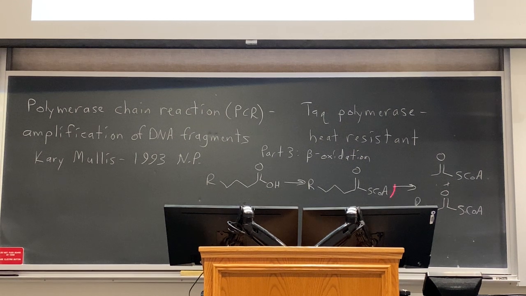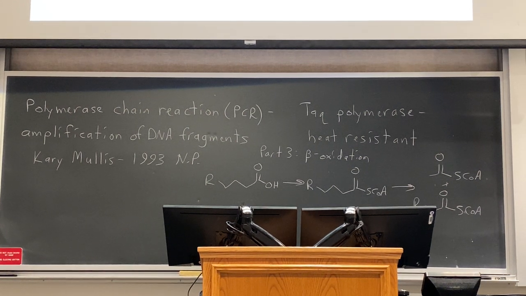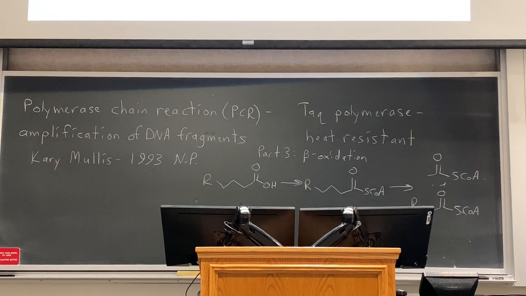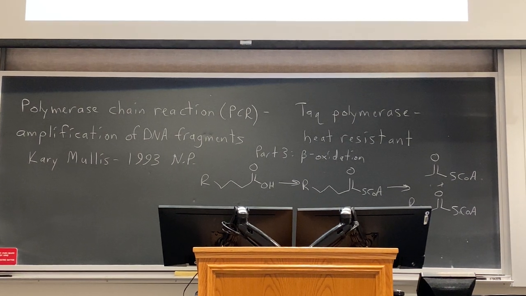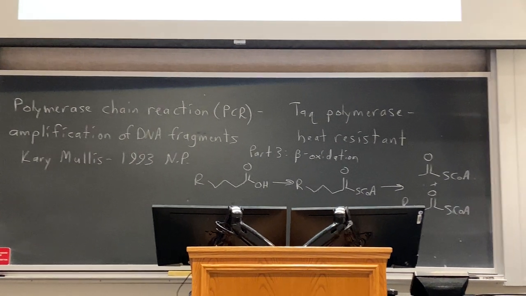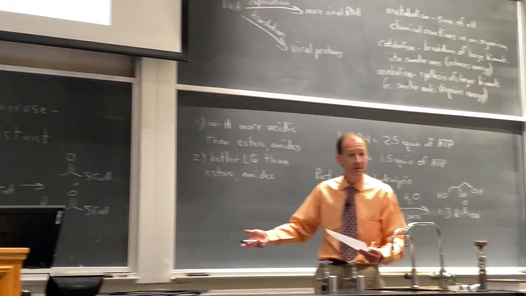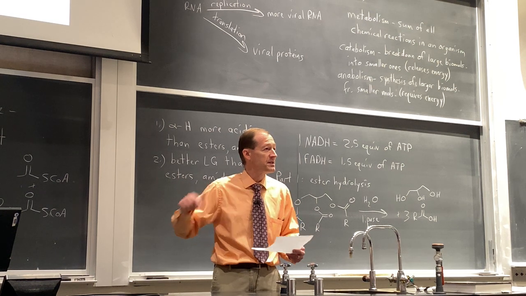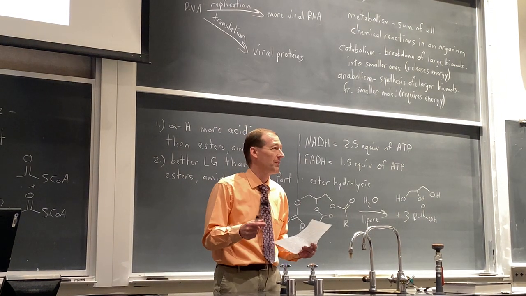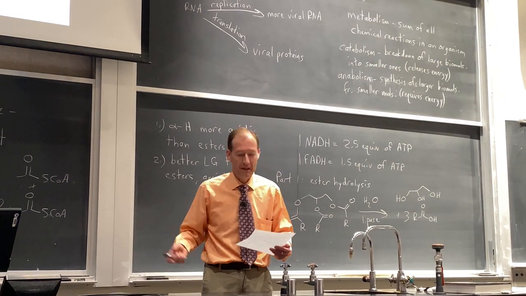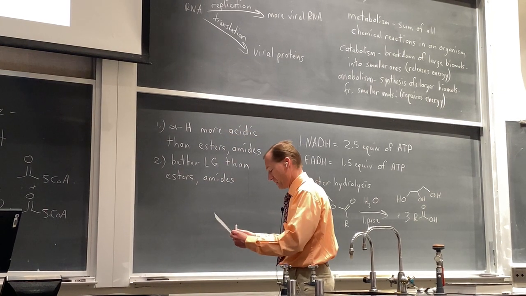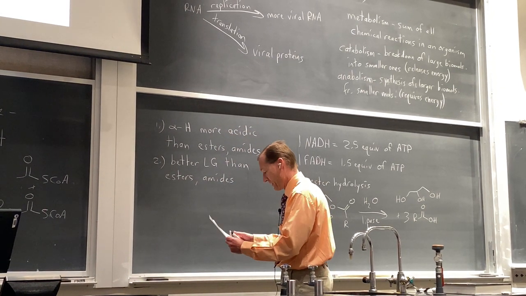And then that process, part 3, goes over and over and over again until we have turned our long chain fatty acid into a bunch of acetyl coenzyme A's. Okay, so we've said that fatty acids are even in number of carbons. This is the reason they're even in number of carbons, so we can produce these acetyl coenzyme A species. So how is the thioester made?